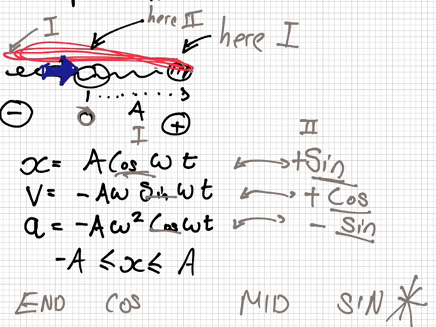So if it starts at the end, what do I need to remember? Cos. So it goes cos, sine, cos. And if it starts at the middle, sine, cos, sine. Now, these formulas are not in the formula book. I know that for certain. So these are formulas that you need to memorize.